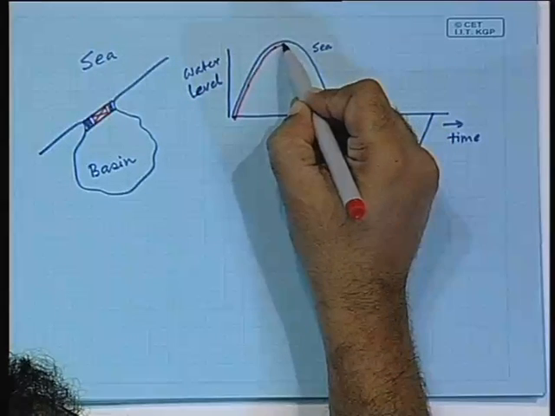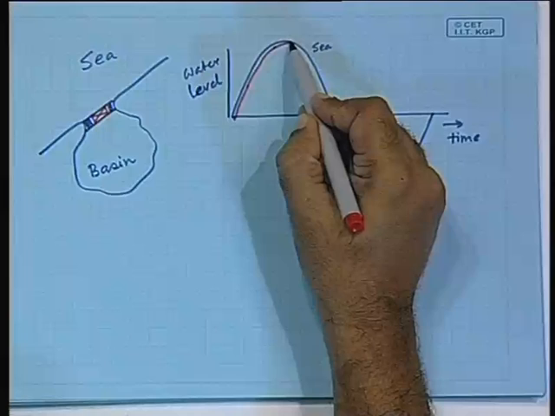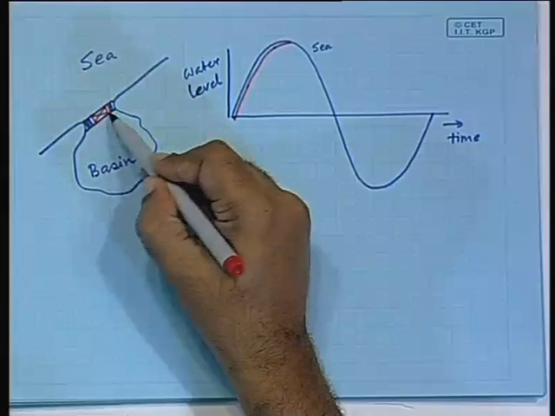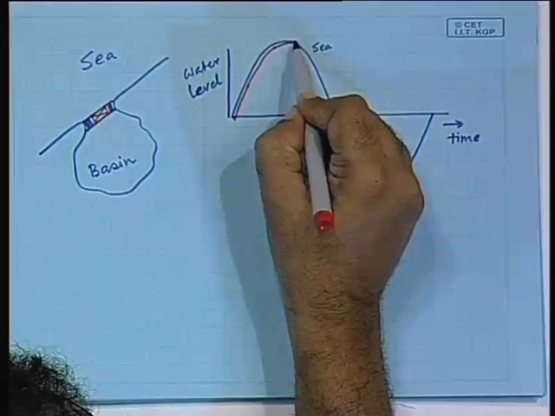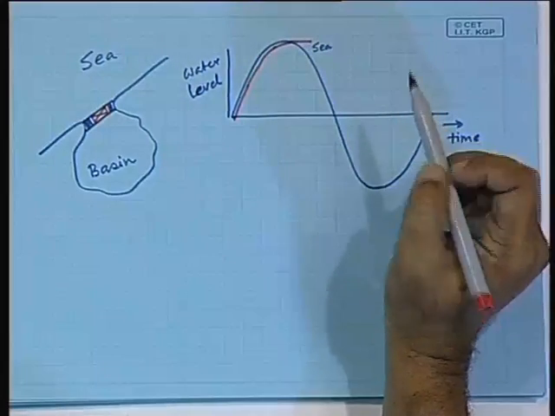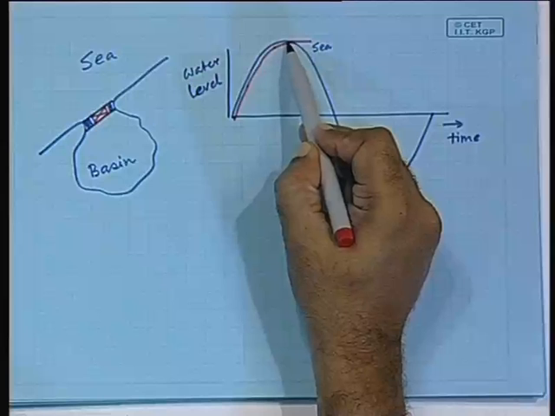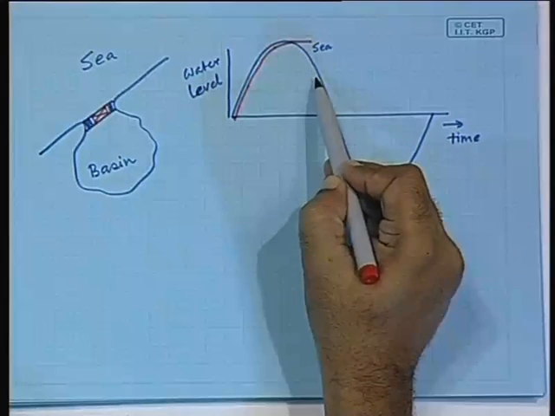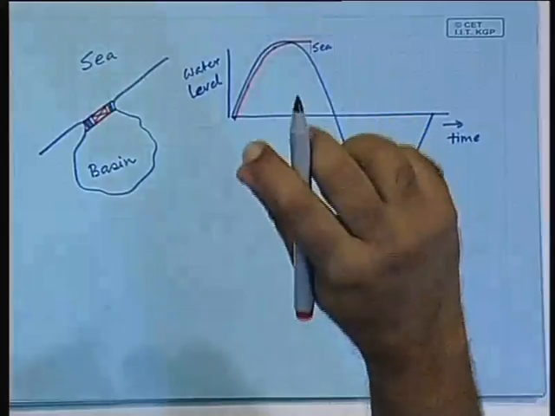But then as the two levels become equal, you cannot keep the sluice gates open any further. So, you close the sluice gates. As a result, the basin water level remains the same while the sea water level falls, and beyond a certain time the head, meaning the difference of the two levels, becomes sufficient to generate electricity.